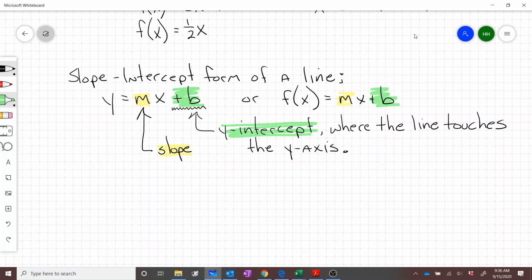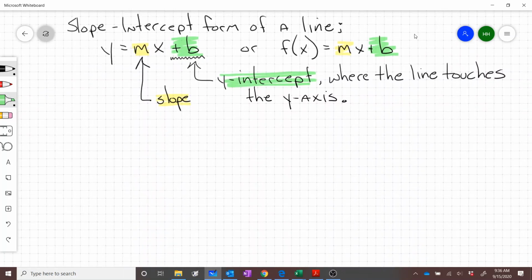All right, so then in the second part of your assignment today, you're going to be given some information. You're going to be asked to write the equation of each line.